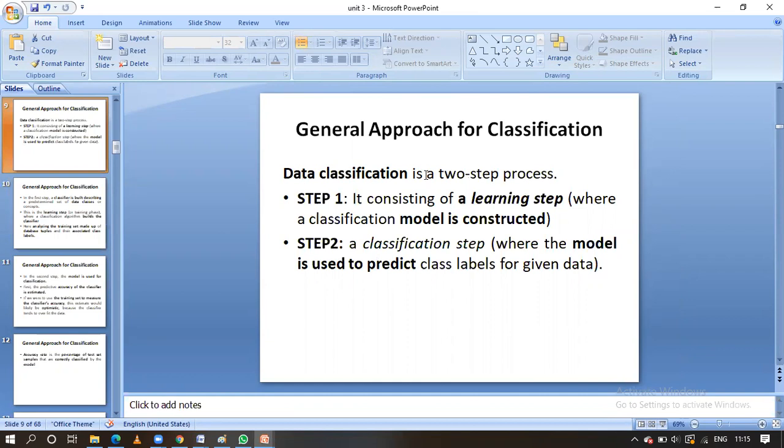Normally in the classification two steps will be there: one is the learning step, and the next one is by using the learning step we have to classify. In the learning step we are going to construct the model, build the model with the help of training data. After that we are going to classify, it means we are going to predict unknown class labels. These are the two steps regarding the classification.